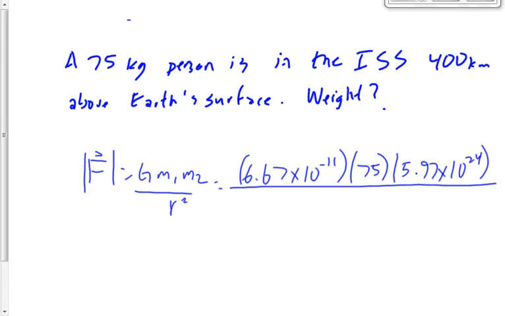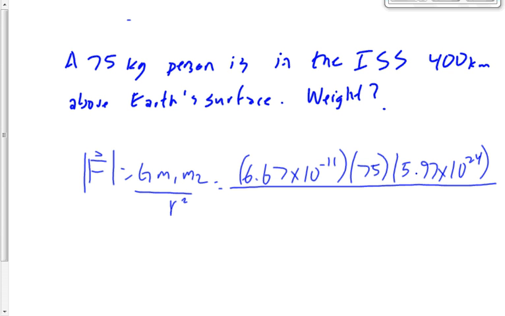What do you think r is going to be? 400? 400,000? Which one is it? Would it be 400 plus the radius of the Earth? Yeah, it's actually 400,000 plus the radius of the Earth. You check on your data sheet right now. Flip it over.